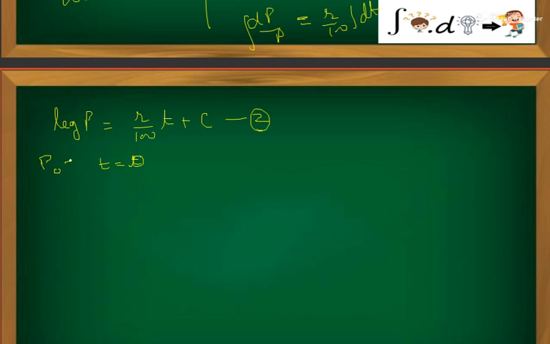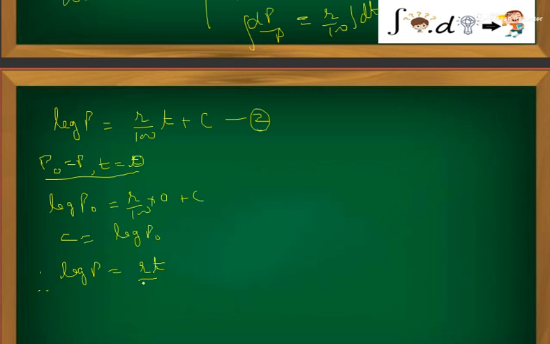T is equal to 0 and P is equal to P naught, and therefore in this second equation we get log P naught is equal to R by 100 into 0 plus C. It means C is equal to log of P naught, and substituting in number 2, it becomes log P is equal to R T by 100 plus log P naught.